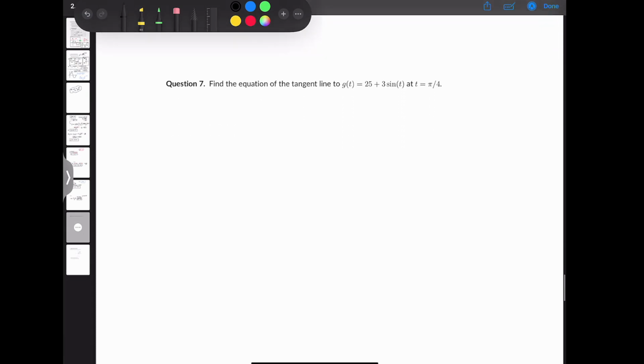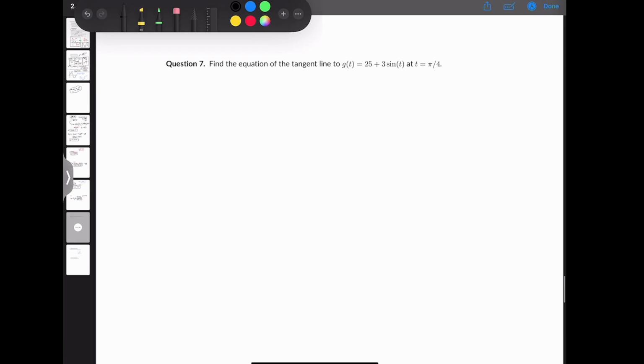And one last kind of applied problem I wanted to cover here was finding the equation of a tangent line. You've done this a bunch, and so I wanted to go over it here in this context as well. To find the equation of the tangent line, or what we often call the line of best approximation.